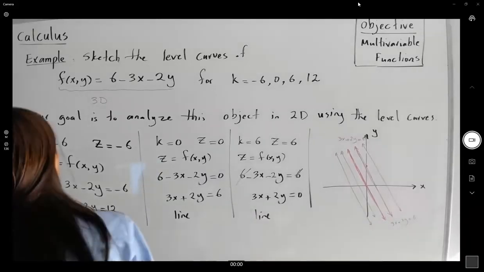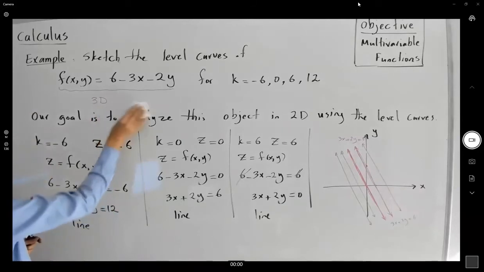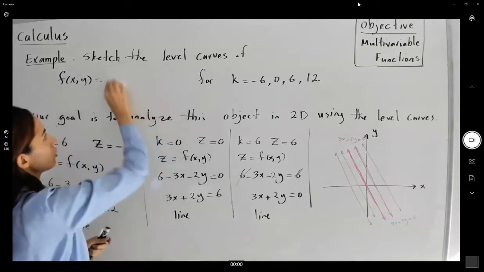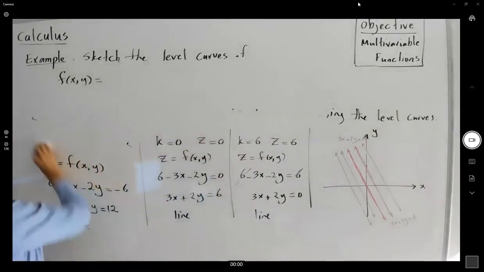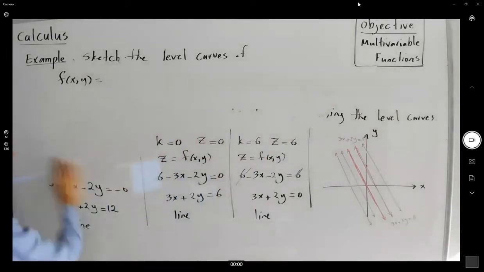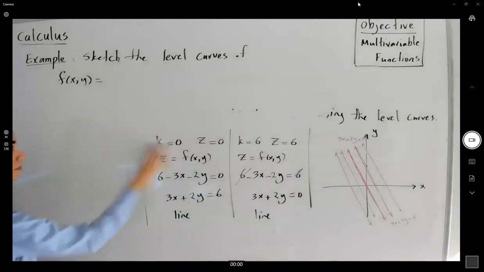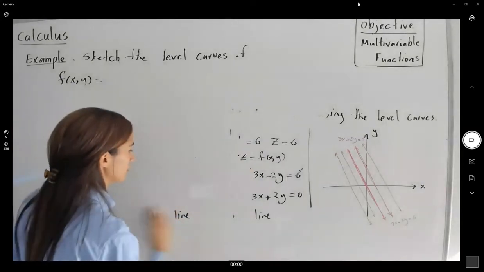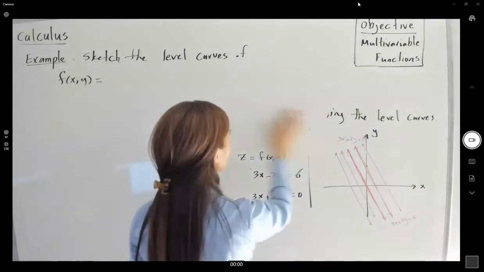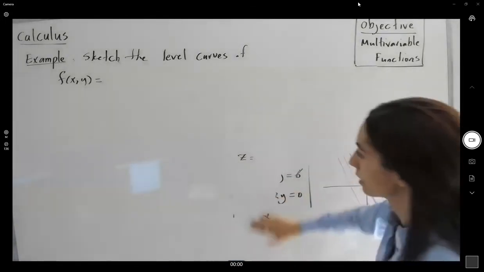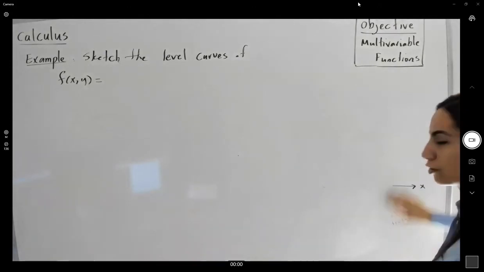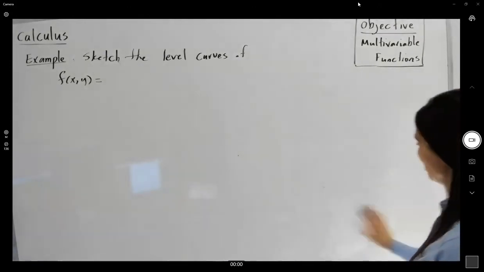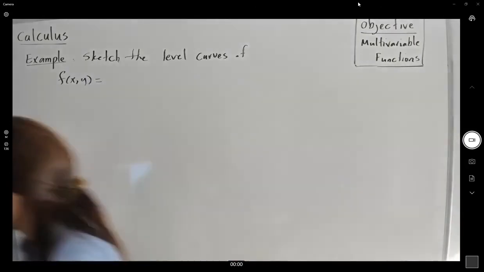Now I'm supposed to ask you to sketch the level curves of the following function, and I'm not going to give you any k. How do we analyze level curves if we don't have k values, if we don't have those parallel planes?